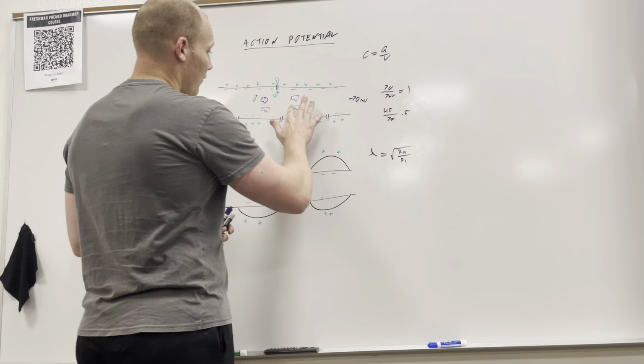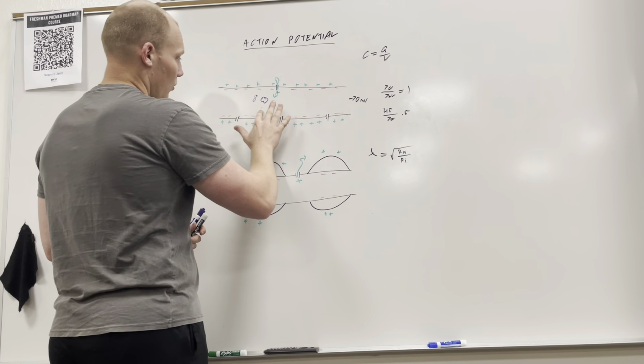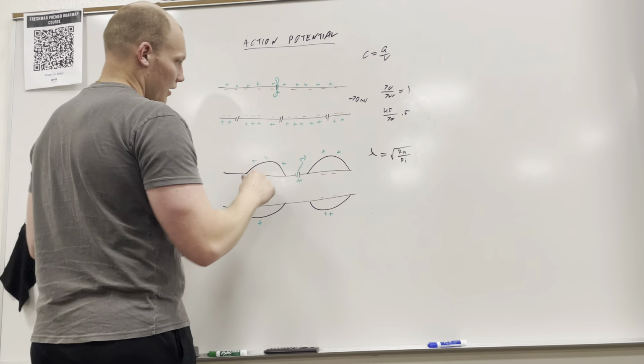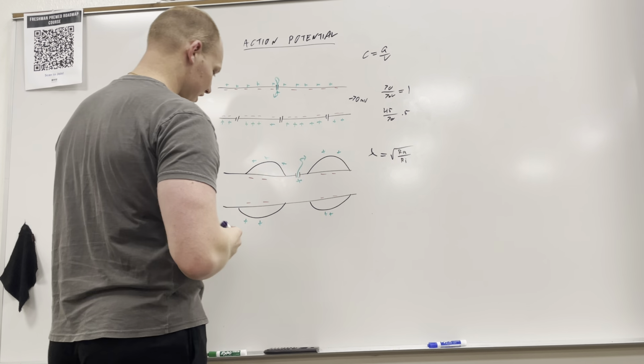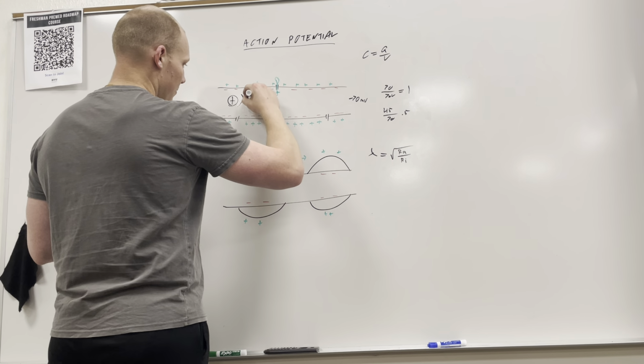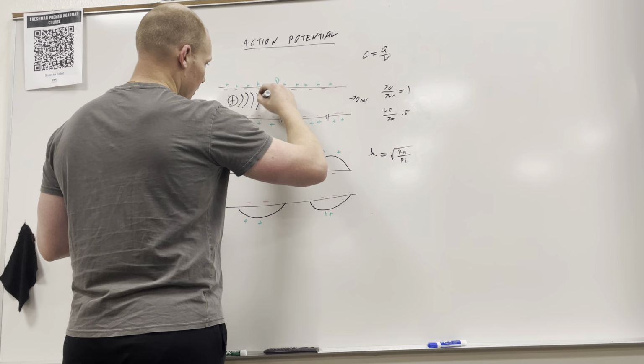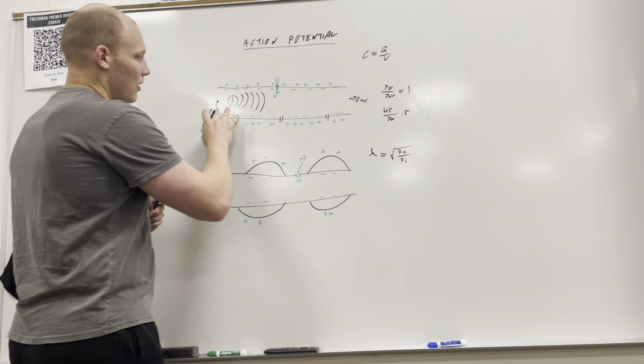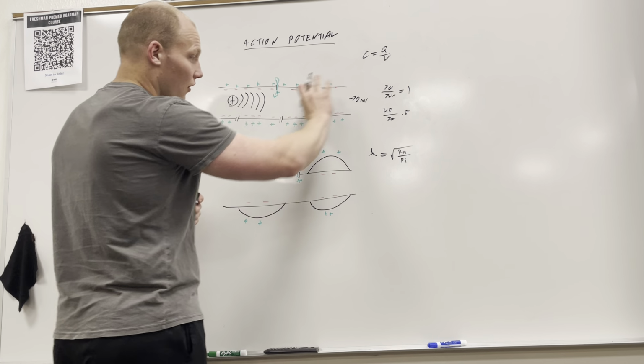So if we were to have a low internal resistance and a high membrane resistance, that means that the effect that this has will travel farther. It'll have a farther length.